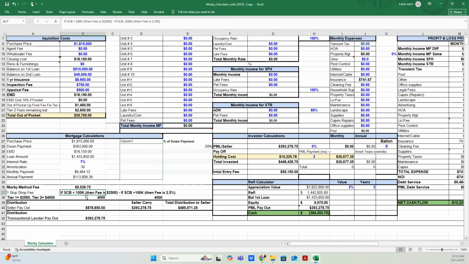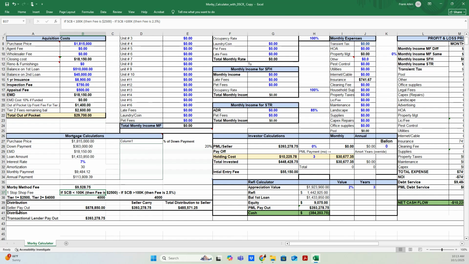I don't have that calculated in here automatically to put 2,500 in, but I can fix that and change that. I don't see anybody borrowing less than 100,000, but I should add that in there so it's an option. So I may do that.